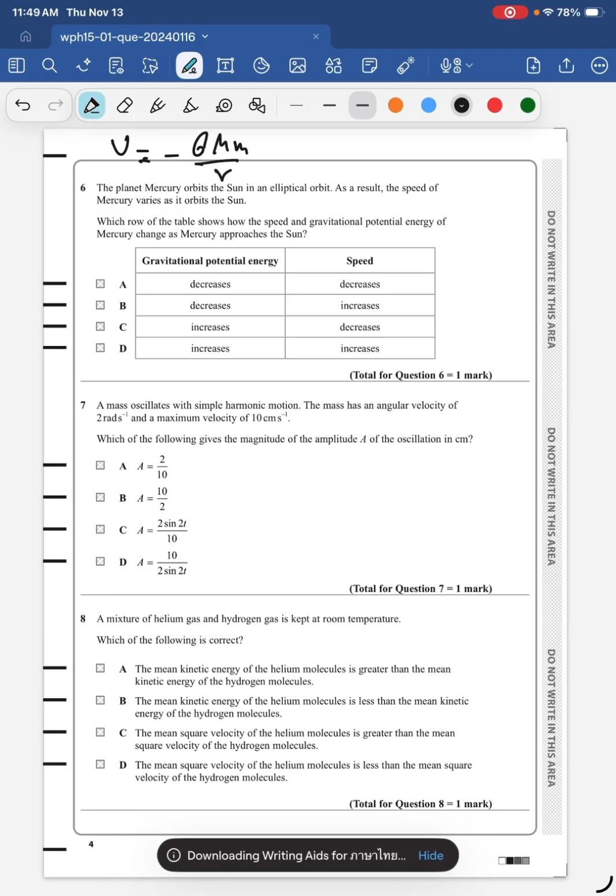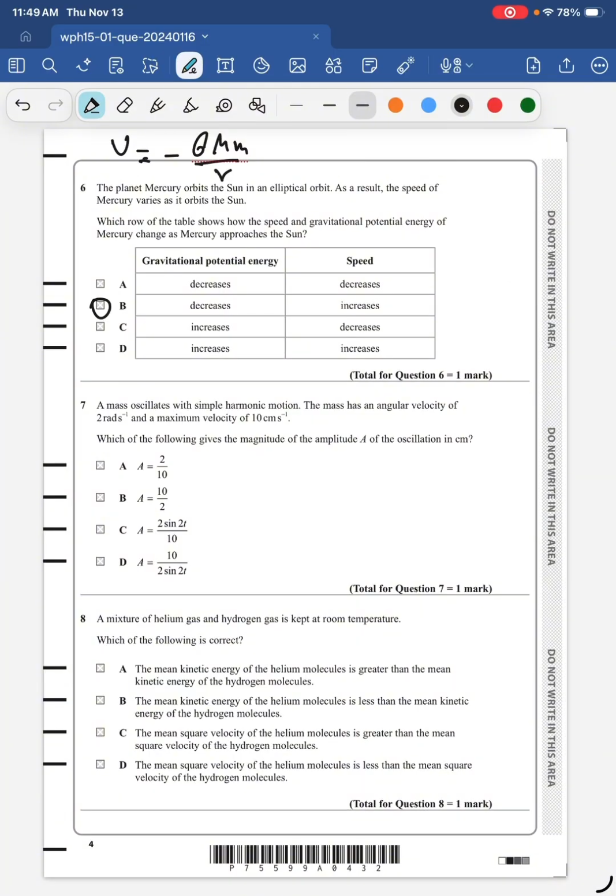So if r becomes smaller, this means that U will become more negative, which means that it actually decreases. But because the gravitational potential energy decreases and the total energy is conserved, the kinetic energy will increase, which means that the speed will increase. So the answer is actually B.